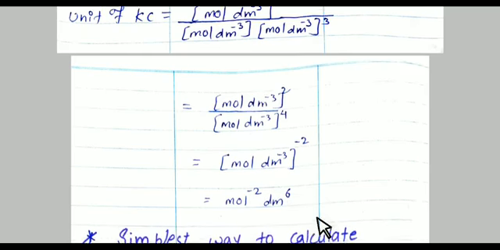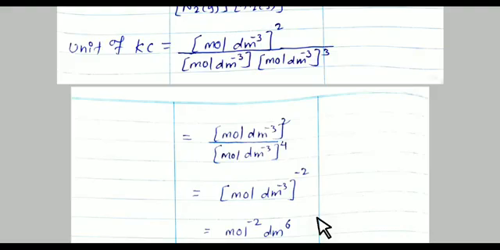So it is the unit for Kc for the reaction of formation of ammonia. Now another method, or the simplest way, for the calculation of the unit of Kc: always remember, it is the difference between the number of moles in the numerator and the number of moles in the denominator in the equilibrium constant expression.